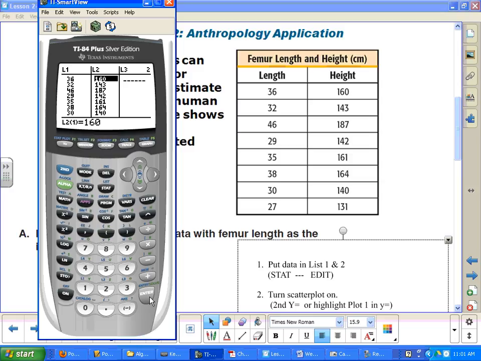So all of your calculators are preset to do a scatter plot. So to do our scatter plot, we want to go to our Y equals, and we want our Plot 1 to be on. From your Y equals, you can just go up to it, hit enter so that it's highlighted. So you want Plot 1 to be highlighted on your Y equals.